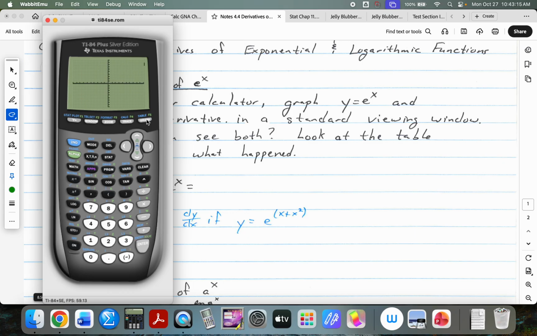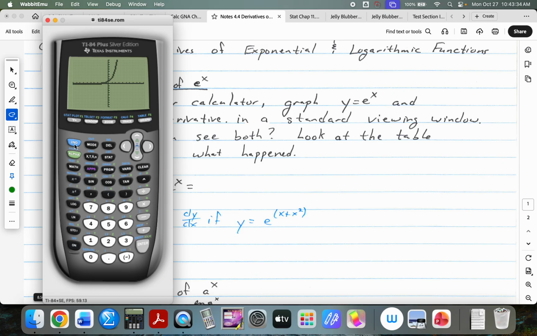And tell it to graph again. And that bold line seems to go right over the top of the original.